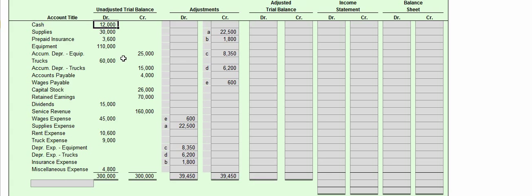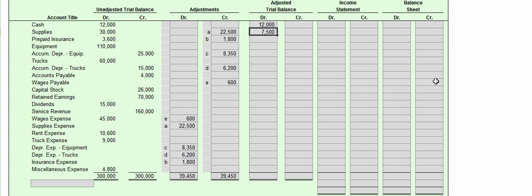It had a debit balance for $12,000 with no adjustment. So that makes the balance on the adjusted trial balance $12,000. Okay, then supplies had a debit balance for $30,000. A credit entry for $22,500 leaves us with a debit balance of $7,500.